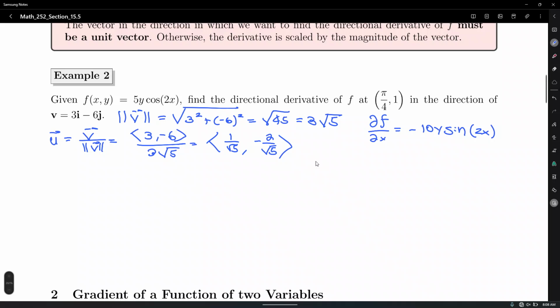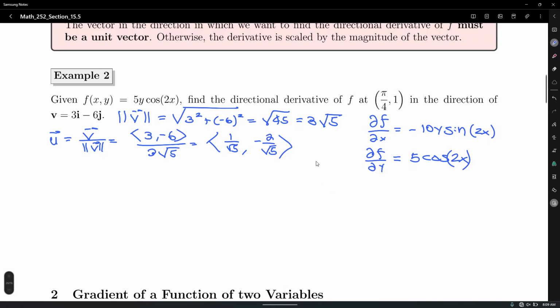For the partial of f with respect to y, what's that? The derivative of y is simply 1 times everything else, which works as a constant multiple. It's just going to be the constant multiple, not 10, it's 5 this time, 5 cosine 2x. All right.